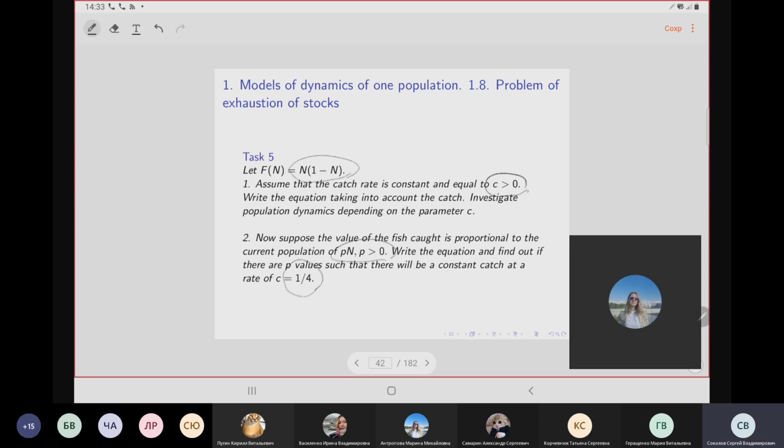Two different animals, how do they interact? Can this interaction be positive or negative?